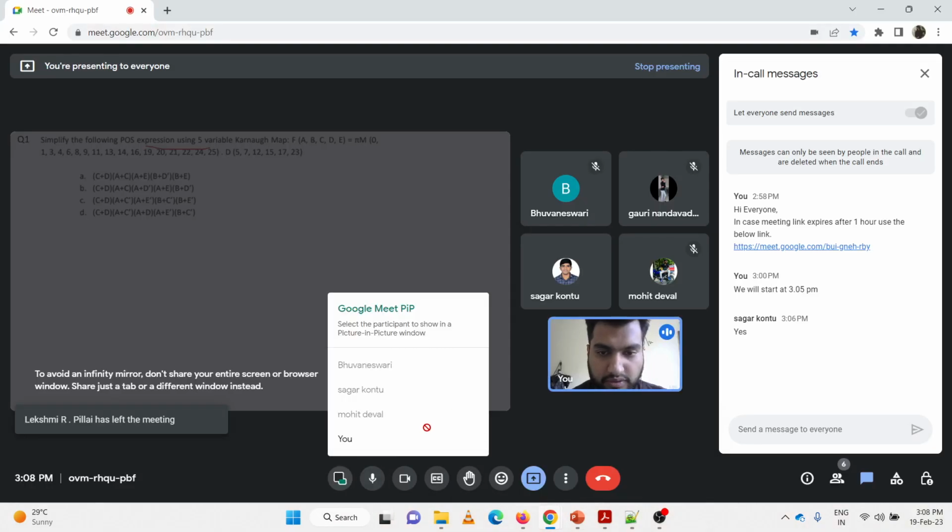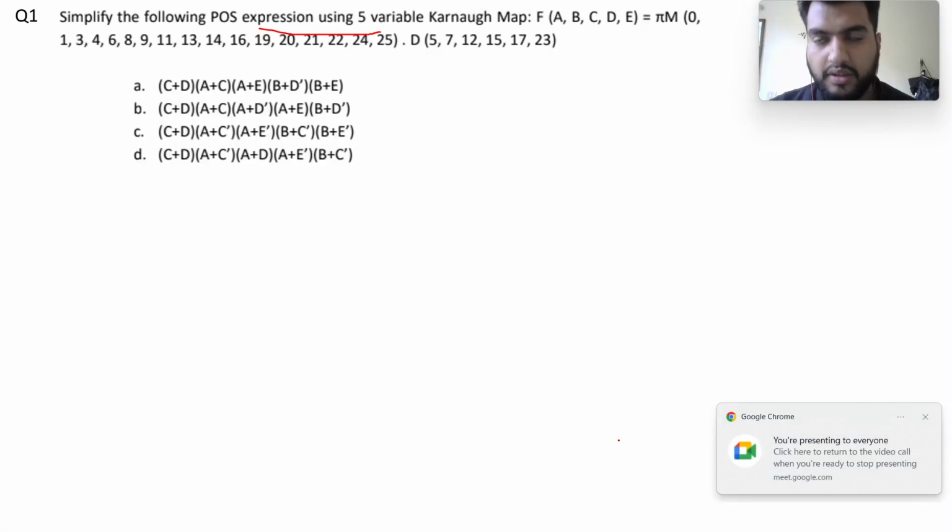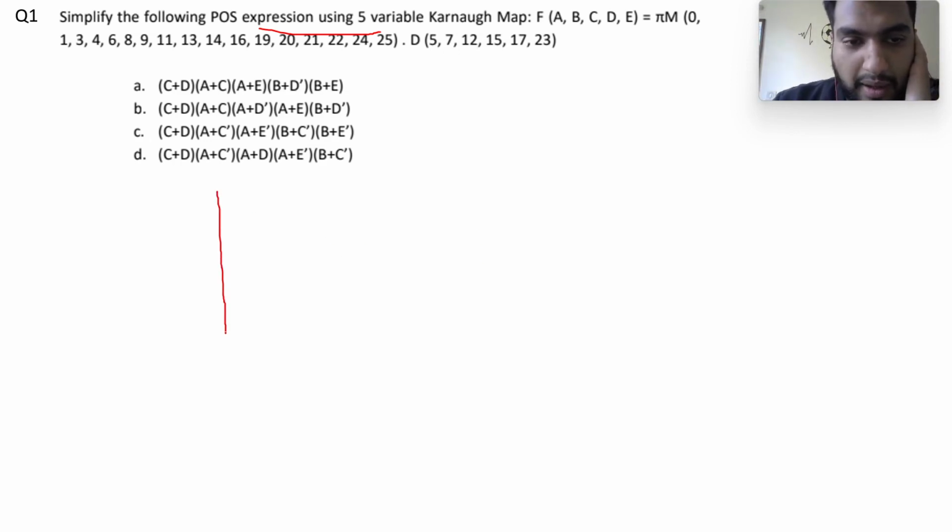Please turn off your microphone, someone has turned on the microphone. So you can solve a 5 variable K-map. How you do it, you take two 4 variable K-maps.